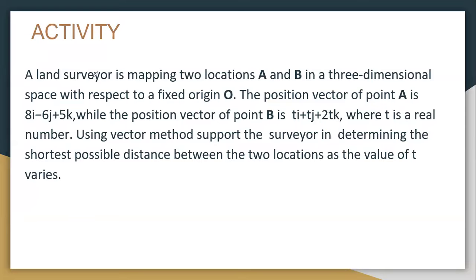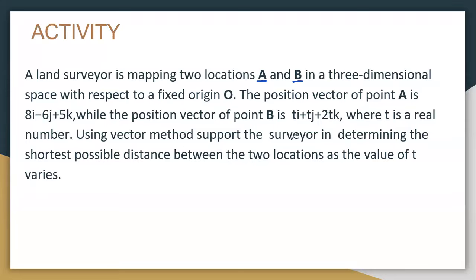Now, when we read through, they are telling us that this person is mapping two locations, A and B, in a three-dimensional space with respect to the origin. The position vector of point A is this, while the position vector of B is this, where t is a real number.